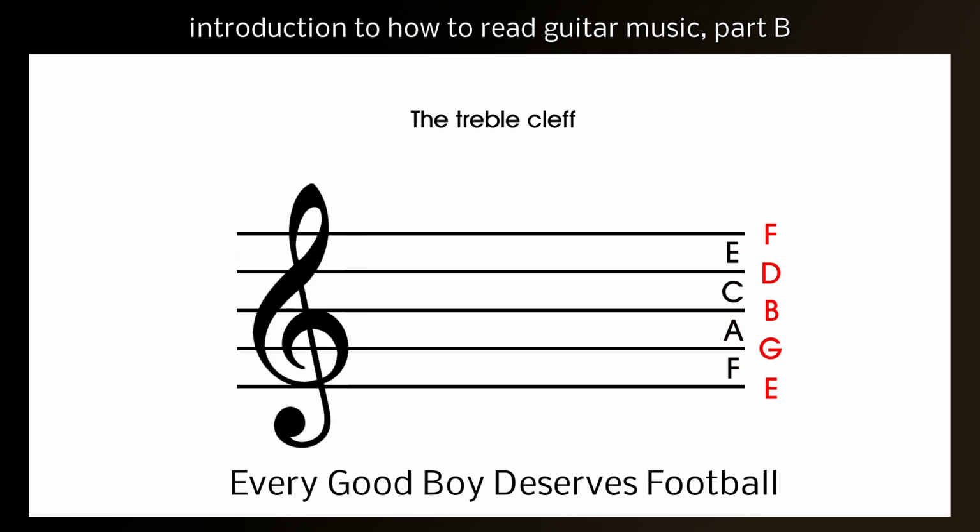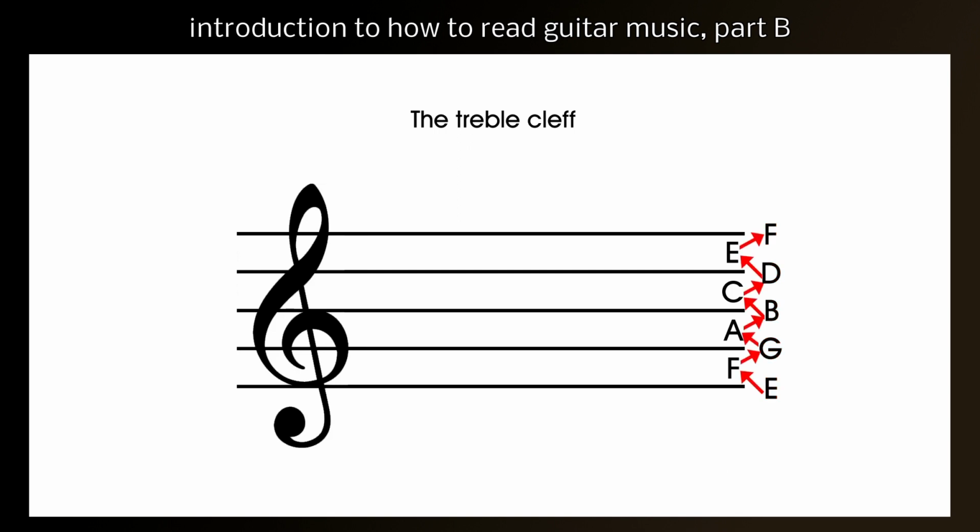For the lines, I was taught "Every Good Boy Deserves Fruit" or "Football": E, G, B, D, F. Or you could just work it out alphabetically from the E: E, F, G, A, B, C, D, E. So when you see a note on the stave, it takes the name of the line or space it's sitting on. In this case, it's sitting on a D note, so this is a D.